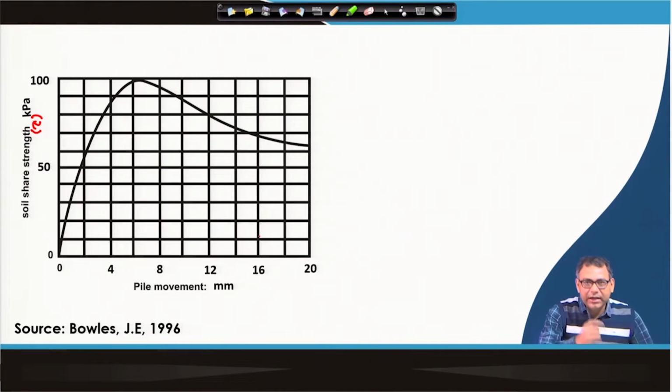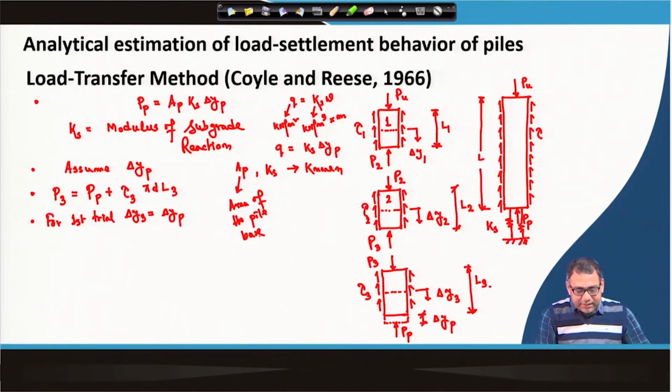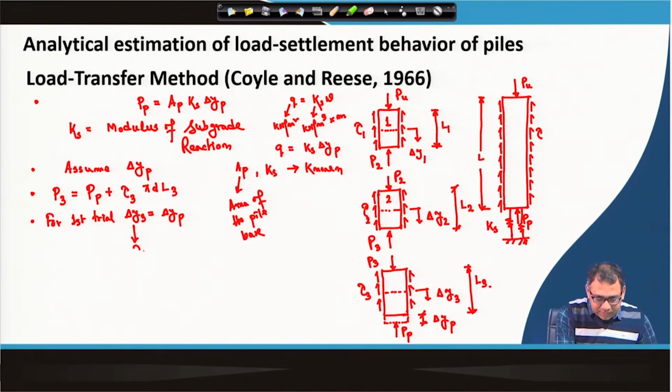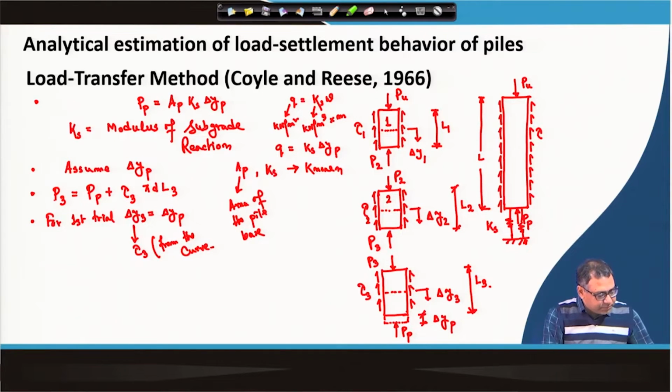Once I get that tau 3 from the curve, I will put it in this equation. So now P 3 is known.